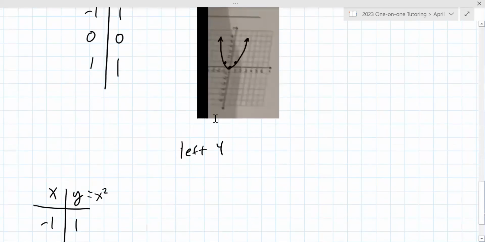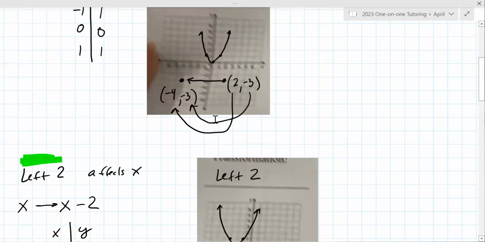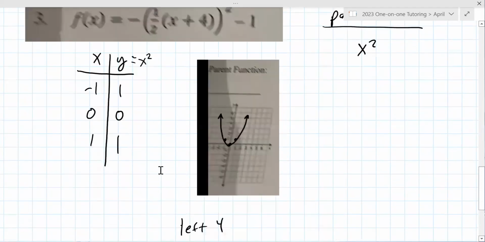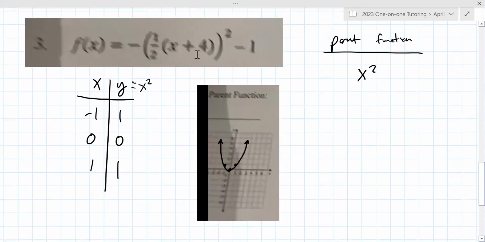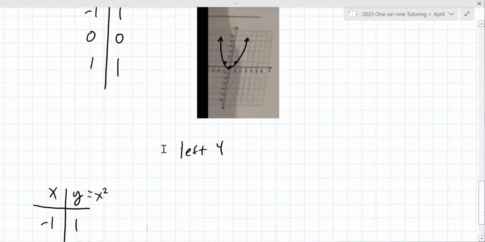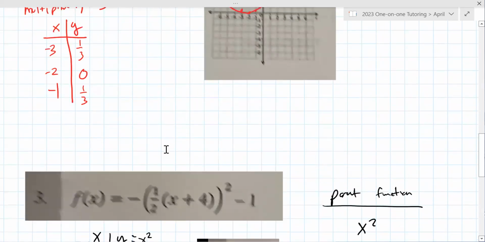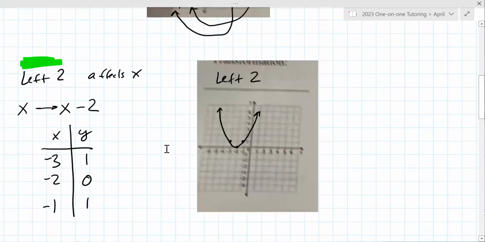Let's go back and look. We're doing the x + 4 first. You start from the most inside. I'm asking if this affects the x or the y value. If you're going left 4, let's go back and look because we just did this in the previous problem.